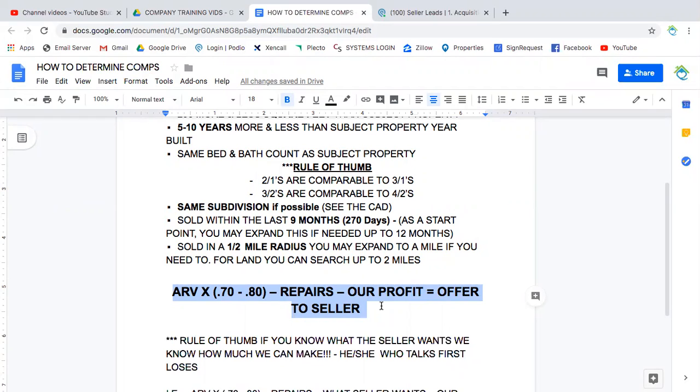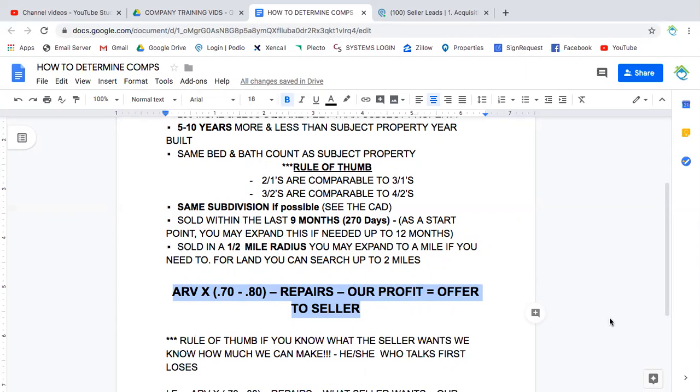We run comps using the MLS, which is the multiple listing system that realtors use on a daily basis to determine the value of a home after it is repaired or in as-is condition. In this formula, and this is going to take time, you must practice and run through a lot of scenarios and give a lot of offers before it fully clicks.